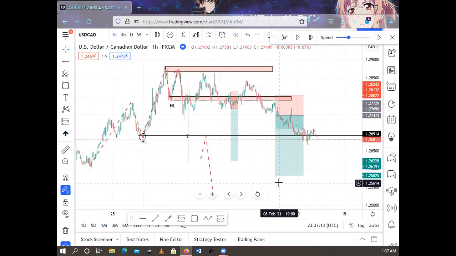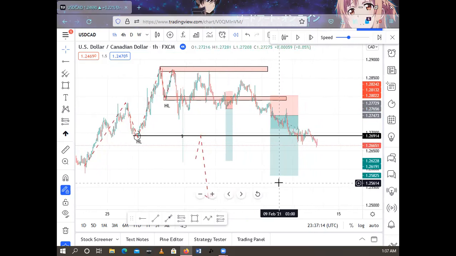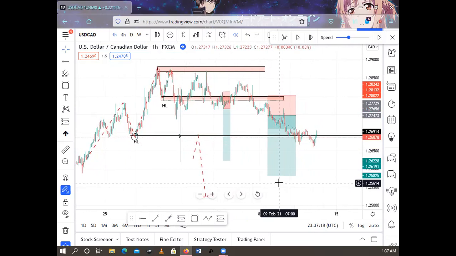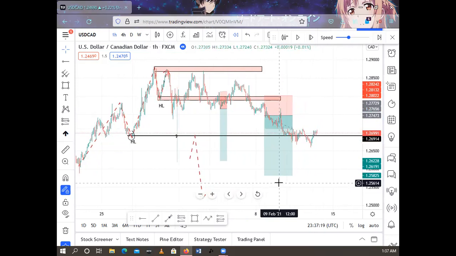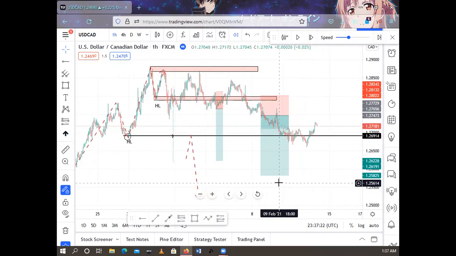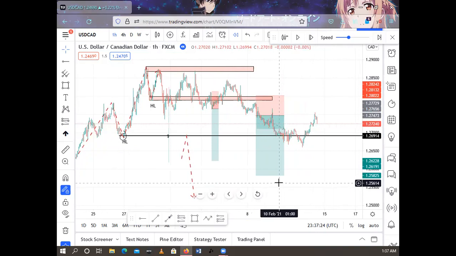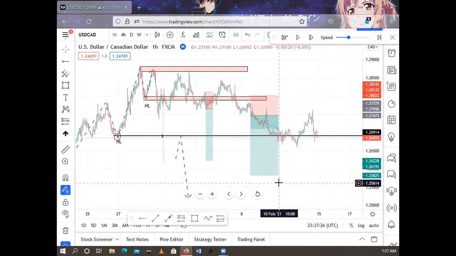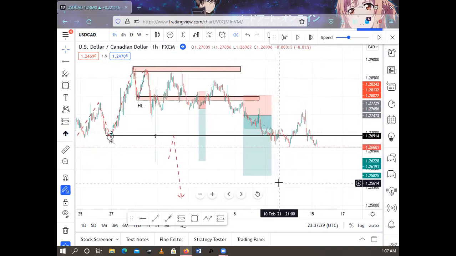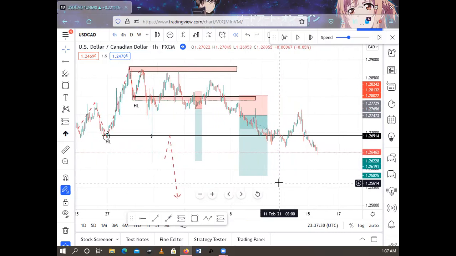We can see price has played up on that level, broken that level, and now we could actually wait for the market to show us a continuation move to the downside, right? We can see price is moving and moving and moving.